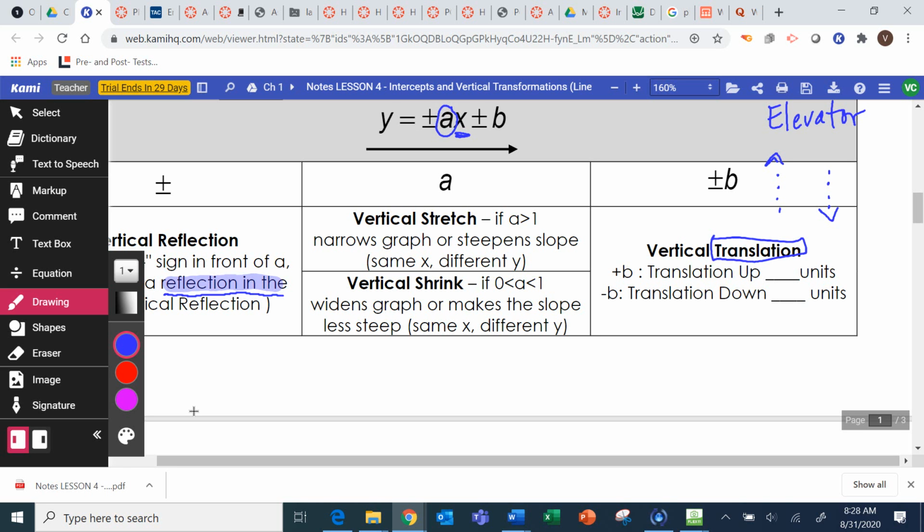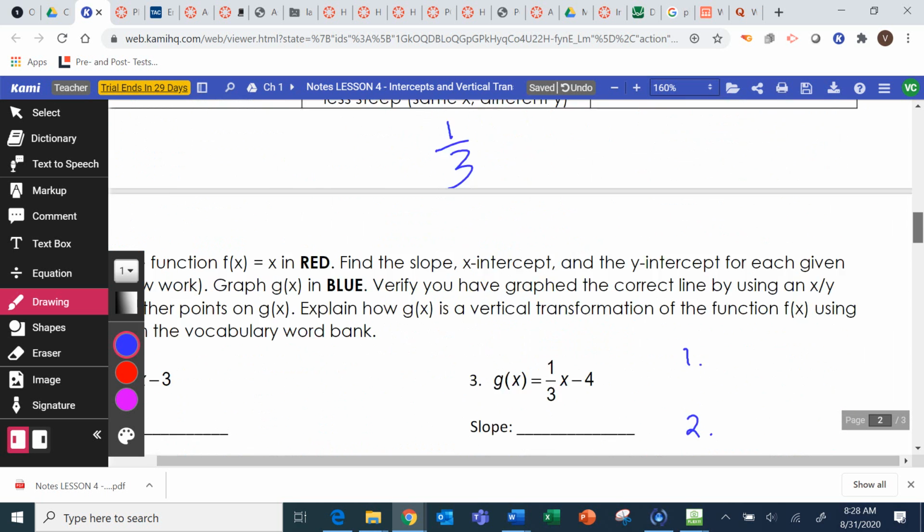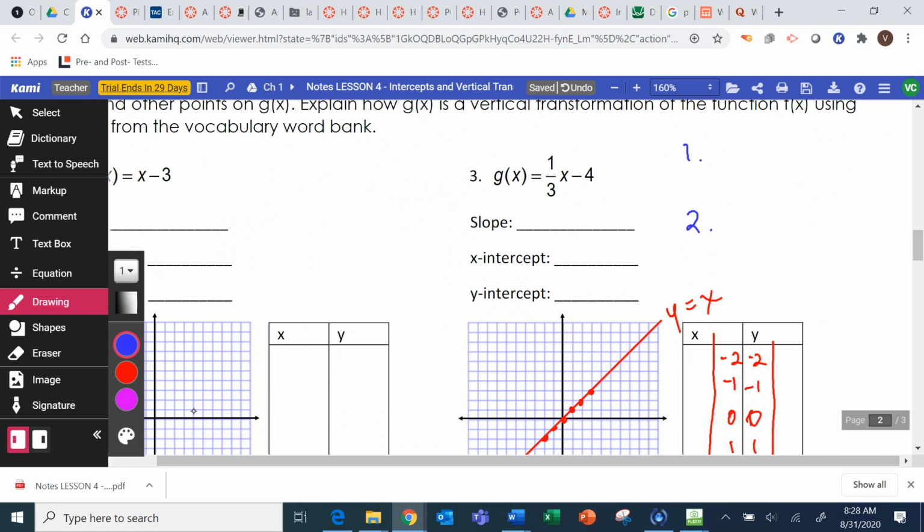Macy, the 1/3 that I have in that equation below, is that going to be a stretch or a shrink? Is it bigger than 1? No. So it's not going to be a stretch. It's going to be a shrink. Yeah, not bigger than 1. So we're going to write vertical shrink. Oops, I just spelled that wrong.